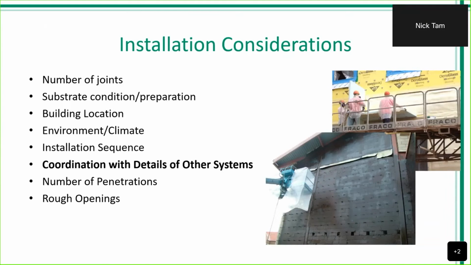Also note that your environment and your hygrothermal region can alter how well a specific product might perform, specifically fluid applied versus sheet applied. Also, when you take into account the number of penetrations, if there are a lot of them, we want to make sure that they are easy to access as far as making proper transition from that penetration to the wall.